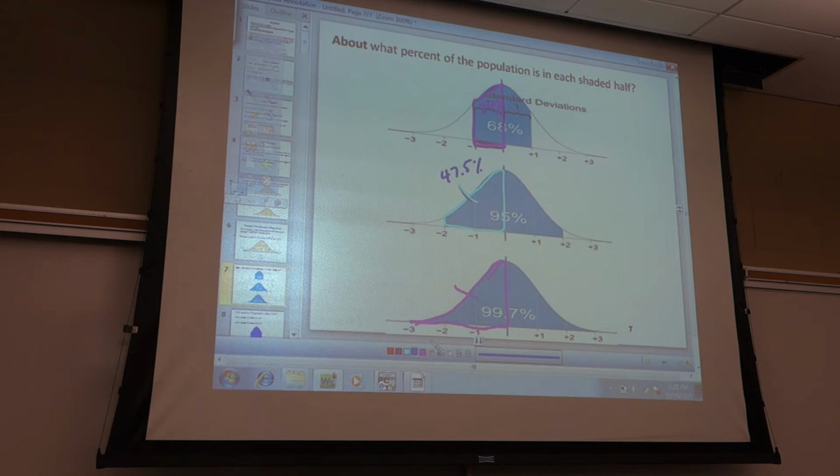If you're not typing on your calculator, I'll probably call on you. Alex, what'd you get? 49.85. He's like, I wasn't typing on the calculator because I did it already. All right, good.